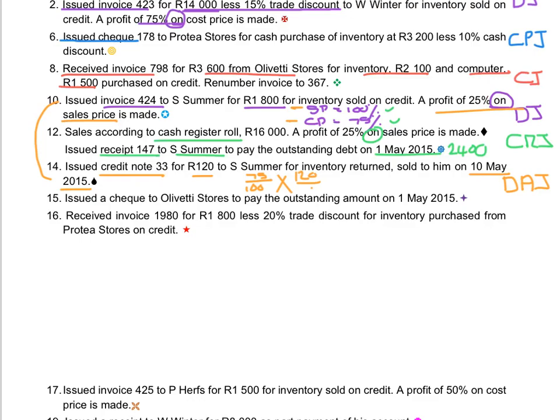Issued a check to Olivetti stores to pay the outstanding amount on the 1st of May. We are paying money, so it will be recorded in the cash payments journal. And in the cash payments journal, we have to show what is the amount on the check. It is not given in the transaction, so we have to look at his opening balance on the 1st of May.